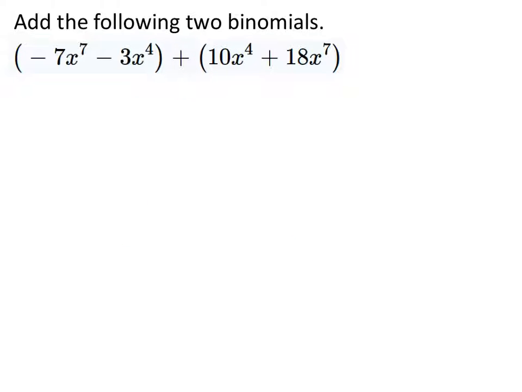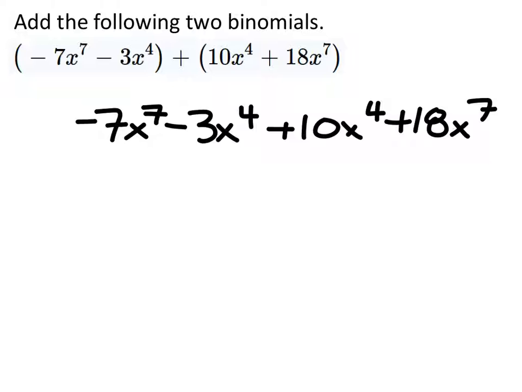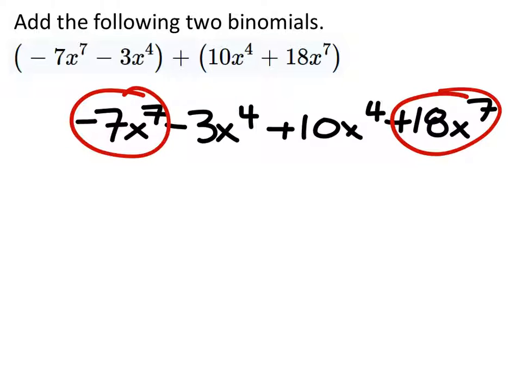Let's say we do it the old-fashioned way. This is all addition, so there's no real need for the parentheses at all. When we see it like this, we're kind of used to identifying like terms and then combining them. So negative 7x to the 7th plus 18x to the 7th would give us 11x to the 7th.